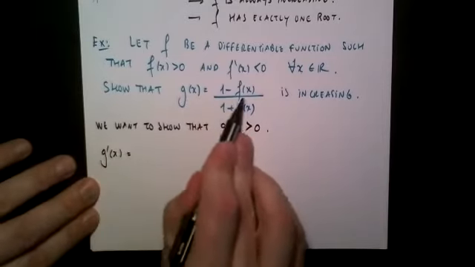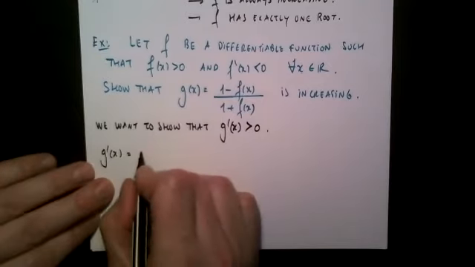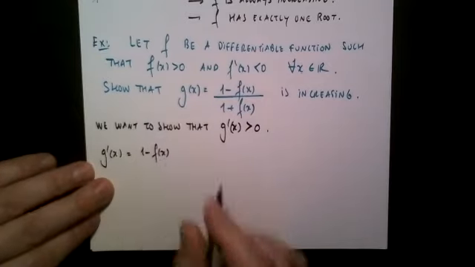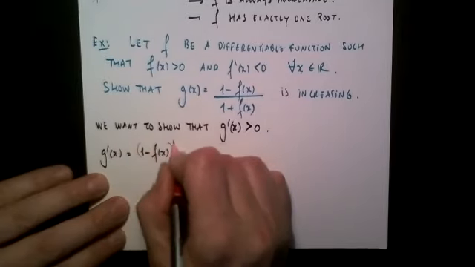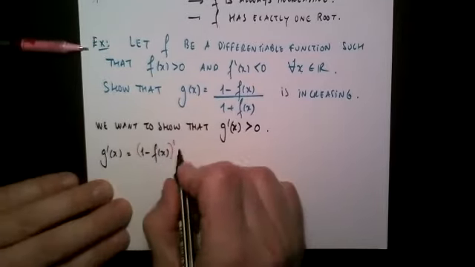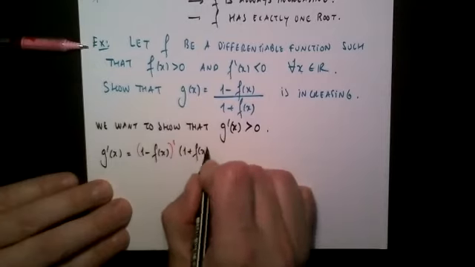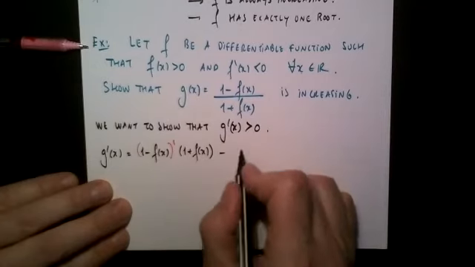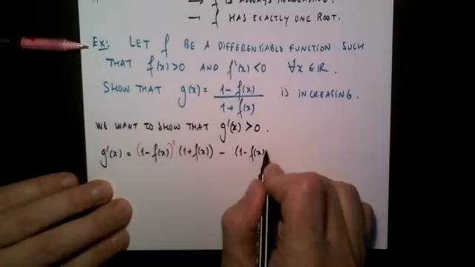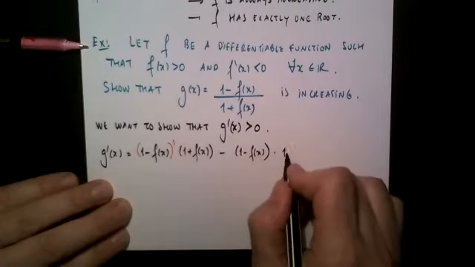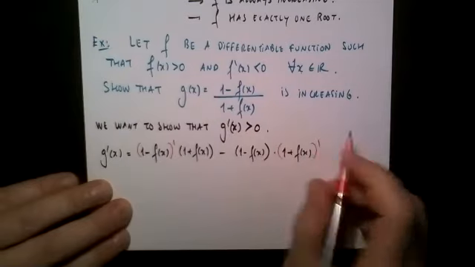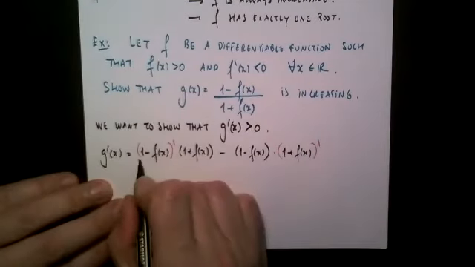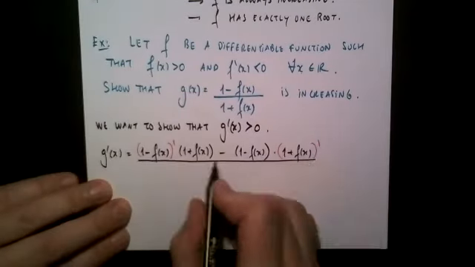So there's a quotient rule here. I'm going to do all the steps because it's been a while. Derivative of top times the bottom, minus the top times the derivative of the bottom, divided by the bottom squared.